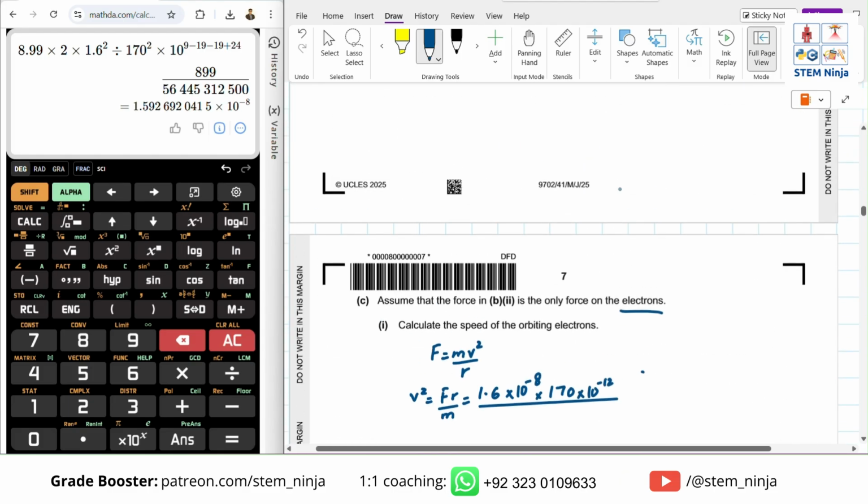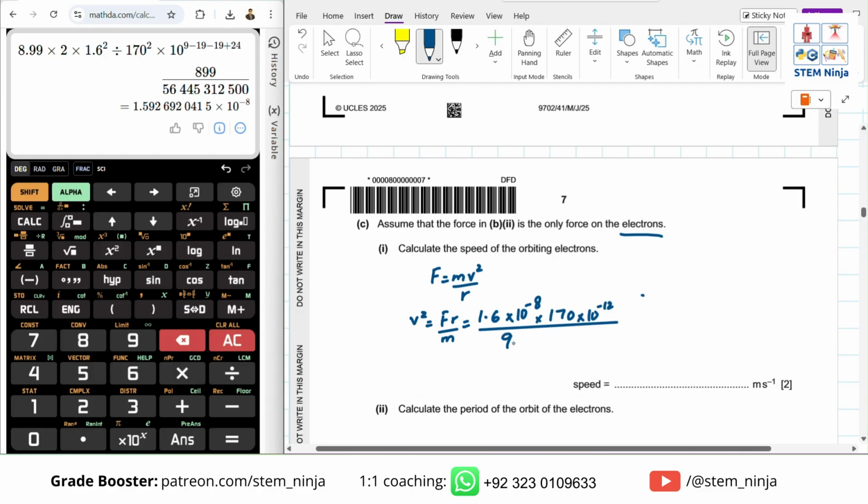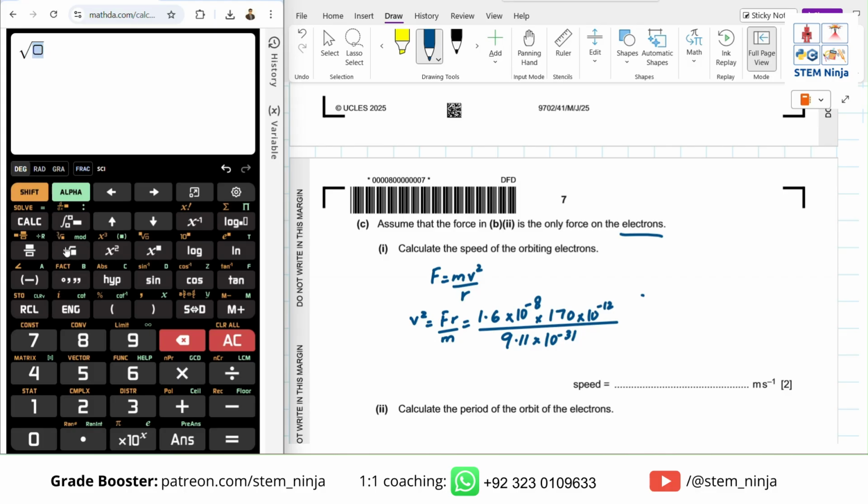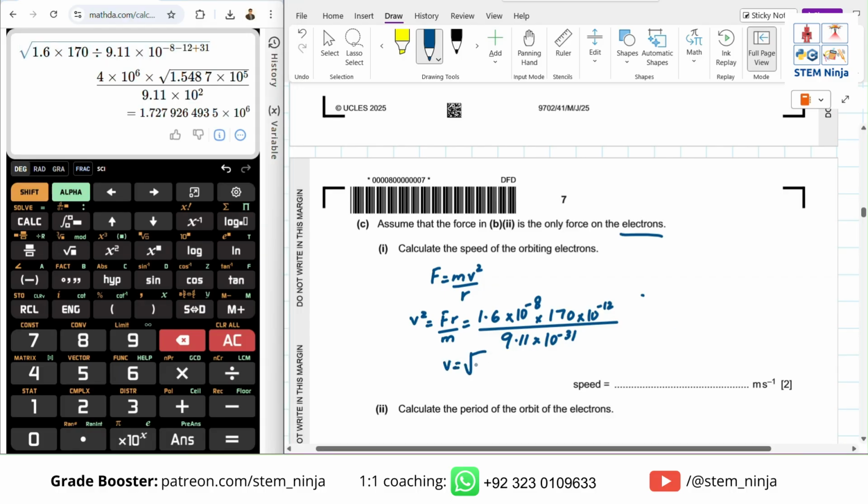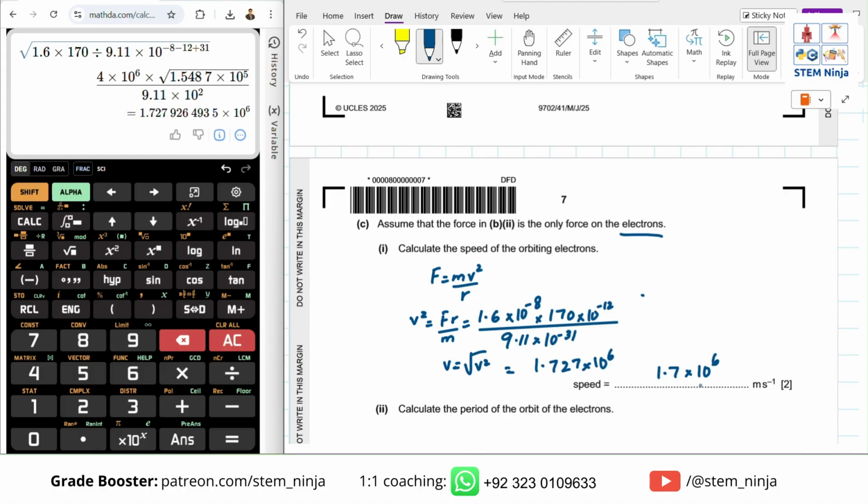So square root of 1.6 times 10 raised to power minus 8 times 170 times 10 raised to power minus 12, divided by 9.11 times 10 raised to power minus 31. We get v to be 1.727 times 10 raised to power 6, which would be 1.7 times 10 raised to power 6.